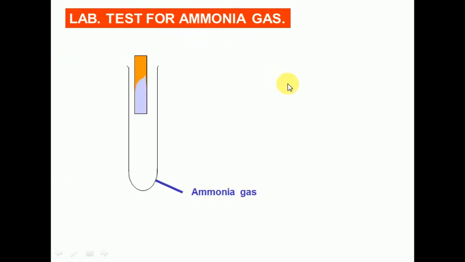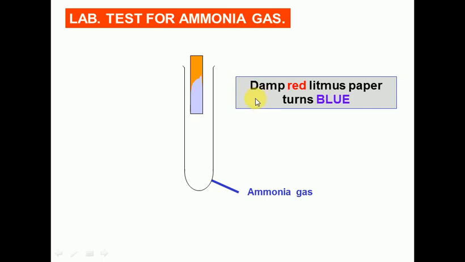Let us see the next test, which is used for the detection of ammonia gas. For this test, we again require litmus papers. In this test, when we hold both the litmus papers one by one on the mouth of test tube, the red litmus paper turns blue as soon as it comes in contact with ammonia gas.